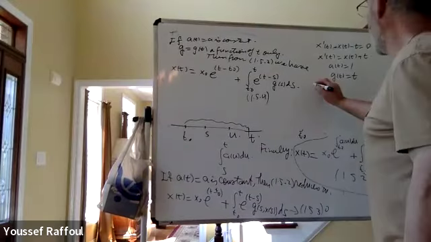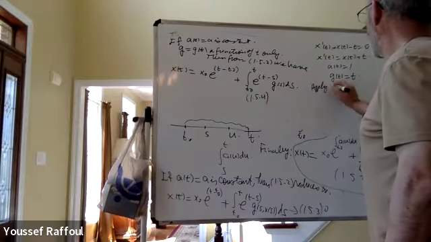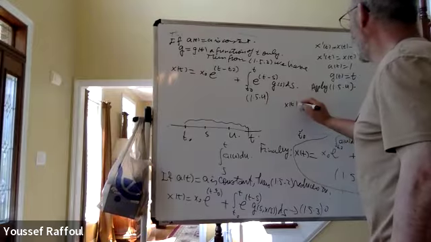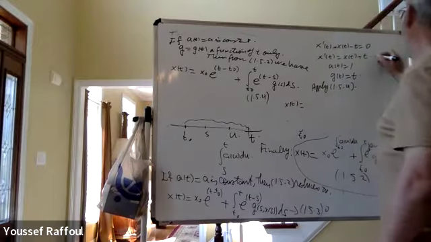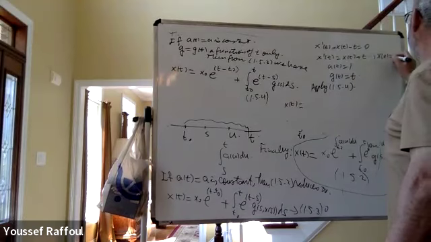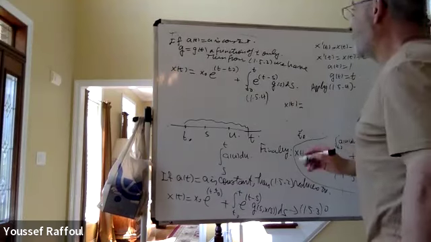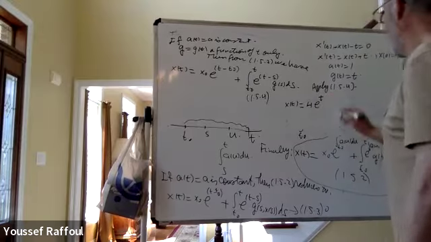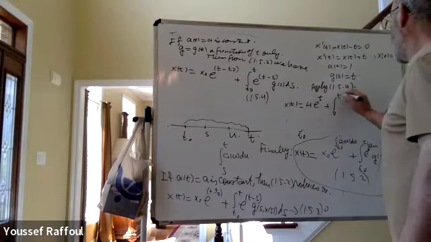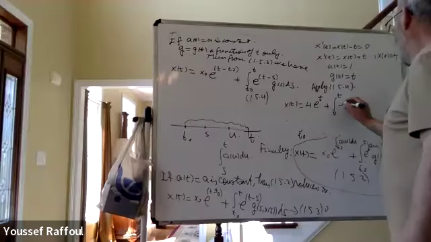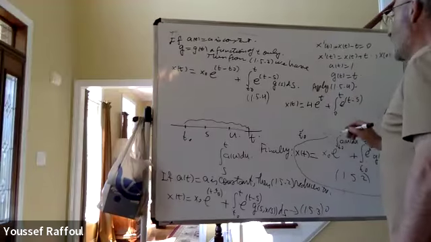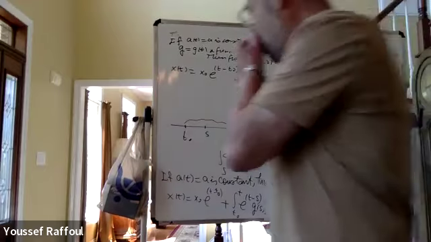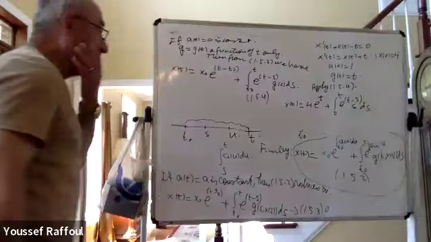So we apply 1.54. So we got x of t. Okay, let's say I have x of 0 equal 4. So it's going to be 4 e to the t plus the integral from 0 to t of e to the t minus s times s ds. Okay?